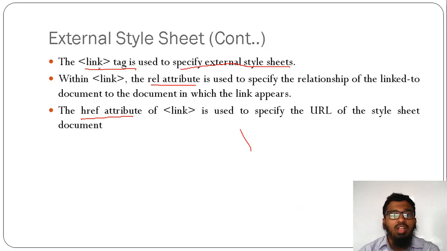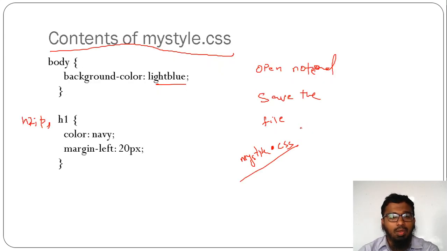So what is this link? Link is to specify the external style sheet, and the rel attribute gives the relationship between the link and the document. Href is like a URL, uniform resource locator. This is a simple code.